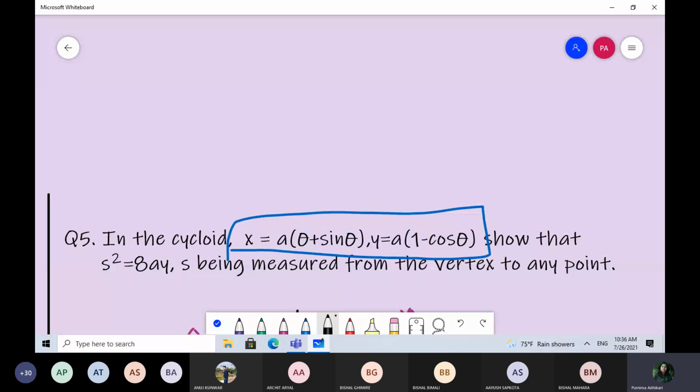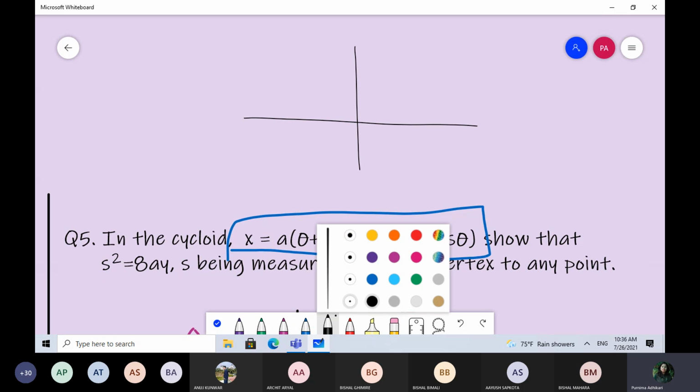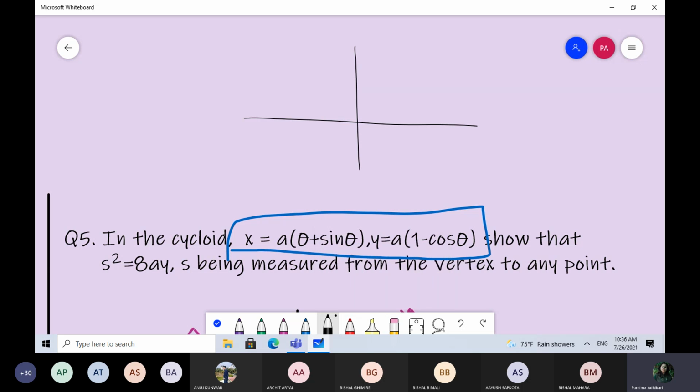Okay, so this cycloid. Look at the equation of cycloid and tell me, is it facing upward or downward? This is facing upward. x equals a theta plus sin theta नै हुने हो?